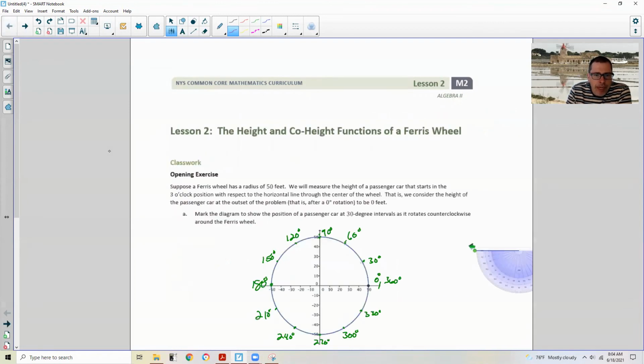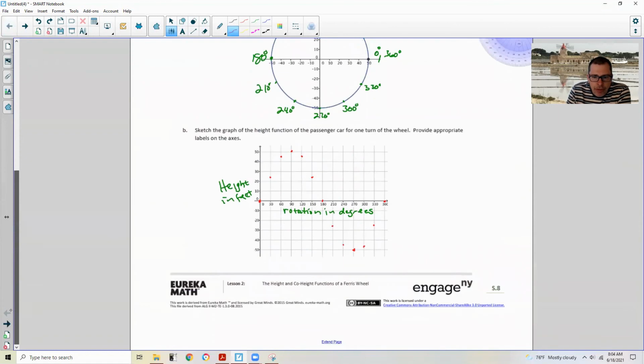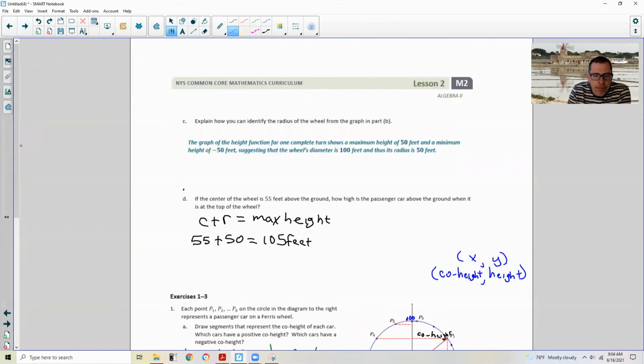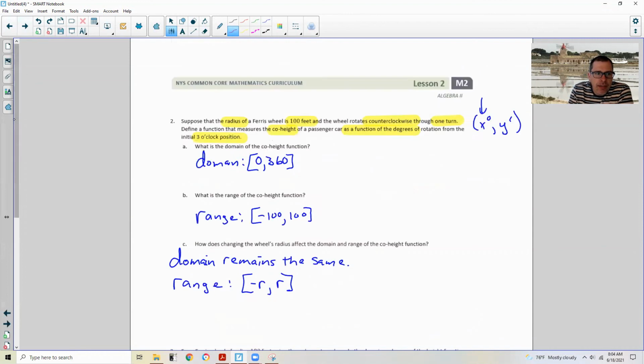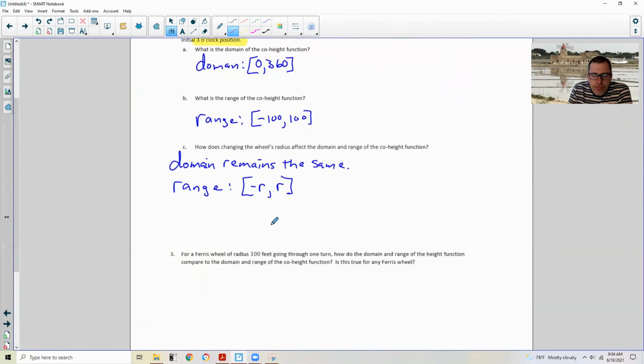Okay, and if I go back and show that, this is a radius of 50 here. Well, let me go back down here. Right here. So it would be a radius of 100. If I put this as 100, negative 100, the radius is 100. So we went to the positive radius and the negative of the radius. If I change that to 200, my maximum would be 200, my minimum would be negative 200. So it's the positive and negative radius, and that is our range.